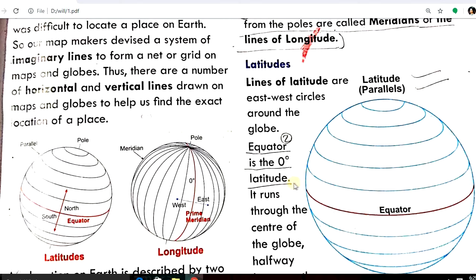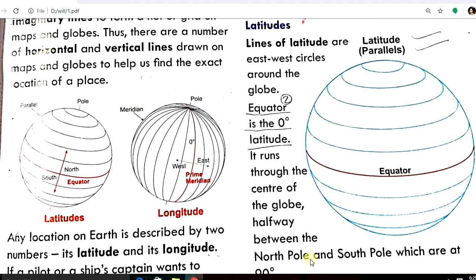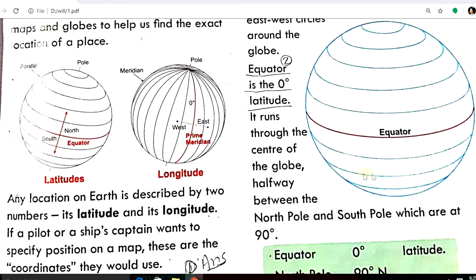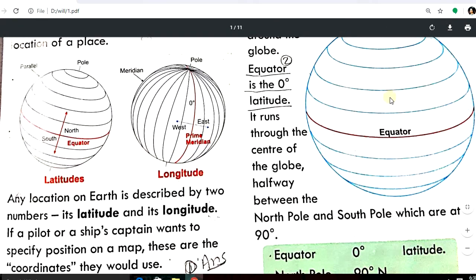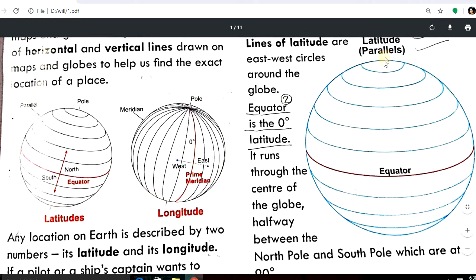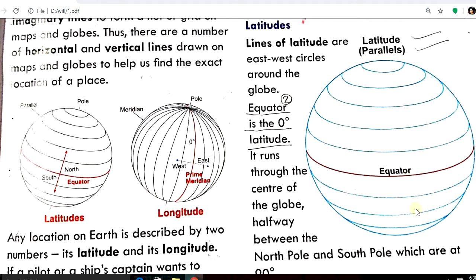Okay, now in this, equator is the 0 degree latitude. This is the equator, center part of this latitude. It runs through the center of the globe, halfway between the north pole and the south pole, which are at 90 degree. Now here the top part of this globe is called north pole, and the bottom part of this globe is called south pole.